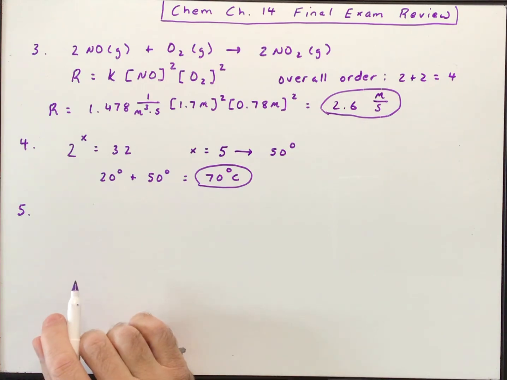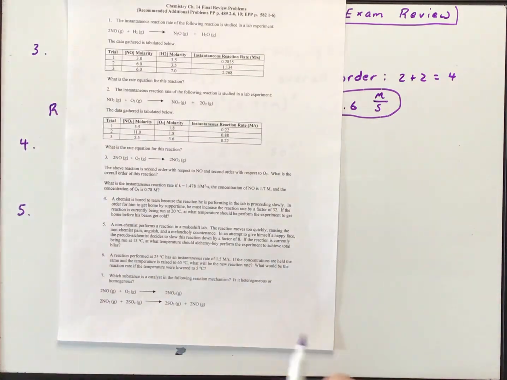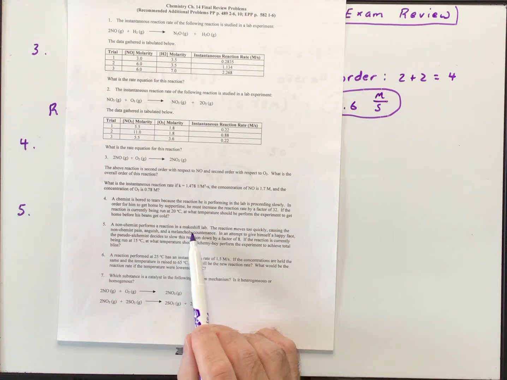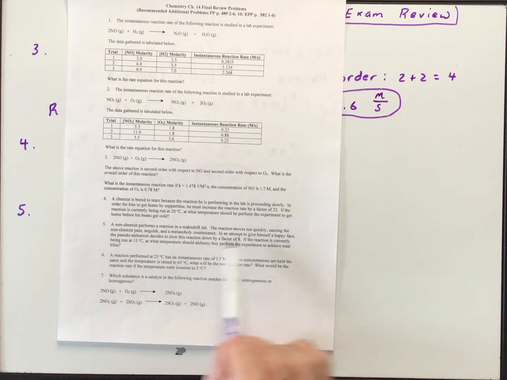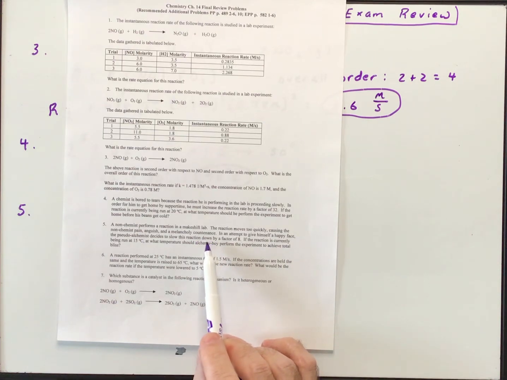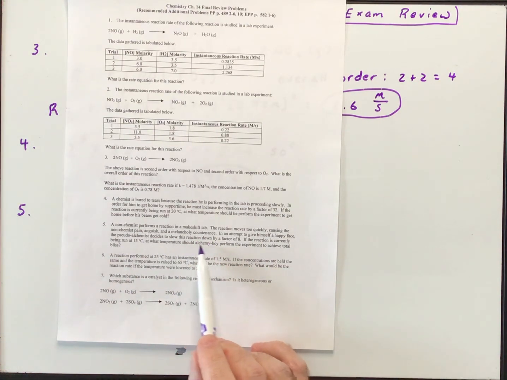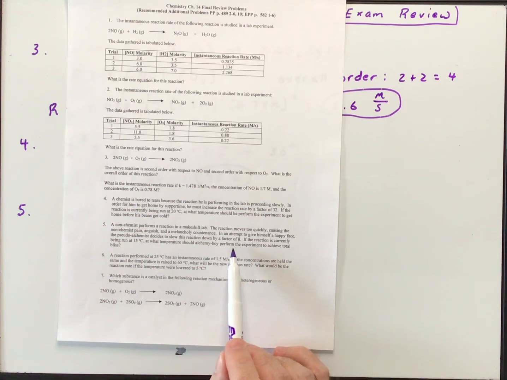All right, number 5 says, a non-chemist performs a reaction in a makeshift lab. The reaction moves too quickly, causing the non-chemist pain, anguish, and a melancholy countenance. In an attempt to give himself a happy face, the pseudo-alchemist decides to slow this reaction down by a factor of 8.